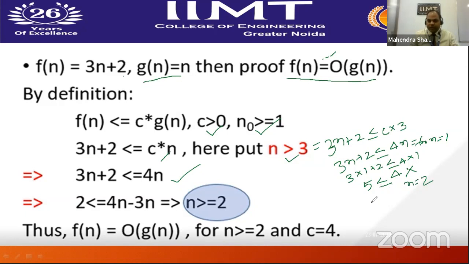So check whether 3n plus 2 is less than or equal to 4 multiplied by 2. 3 multiplied by 2 plus 2 is 8, and 4 multiplied by 2 is 8. Is 8 less than or equal to 8? Yes.